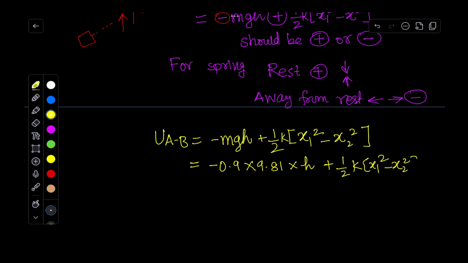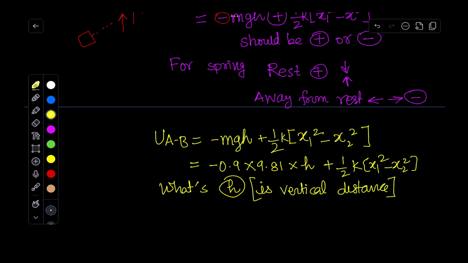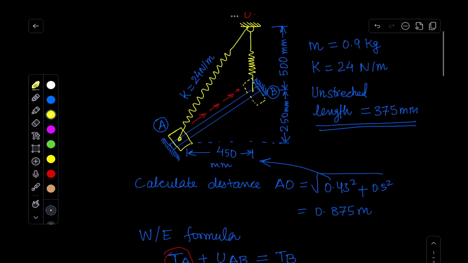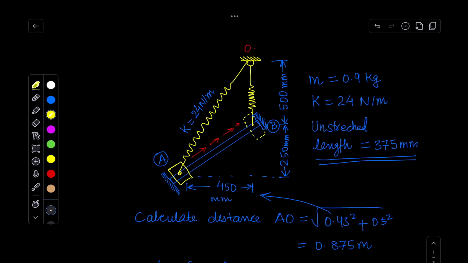Now I'm going to write all the values, minus mgh. Now the question is, what should be the h? As you know very well, when we are talking about gravitational work, or work due to gravity, we have to take the perpendicular or vertical height.